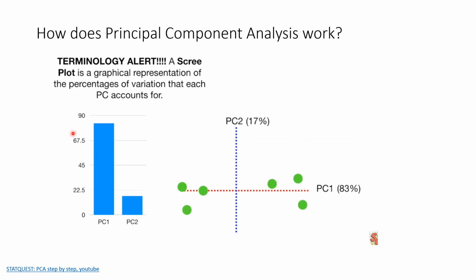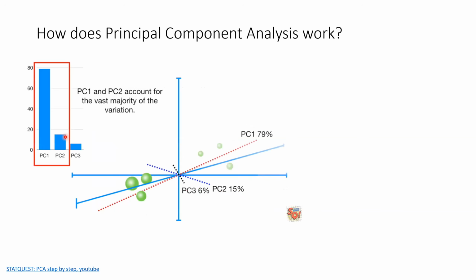So we can then graph the proportion of variance explained for each PC to make a scree or an elbow plot. And this graph is useful for determining how many principal components we want to use in our distance matrix. So you can imagine if we extend this into 2,000 more dimensions, we just continue the process of fitting linear lines through the origin that are orthogonal to each other and calculating variance explained.